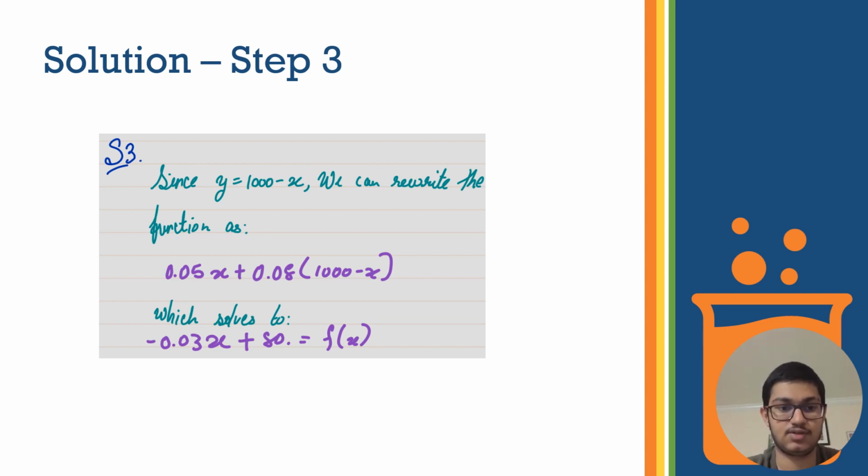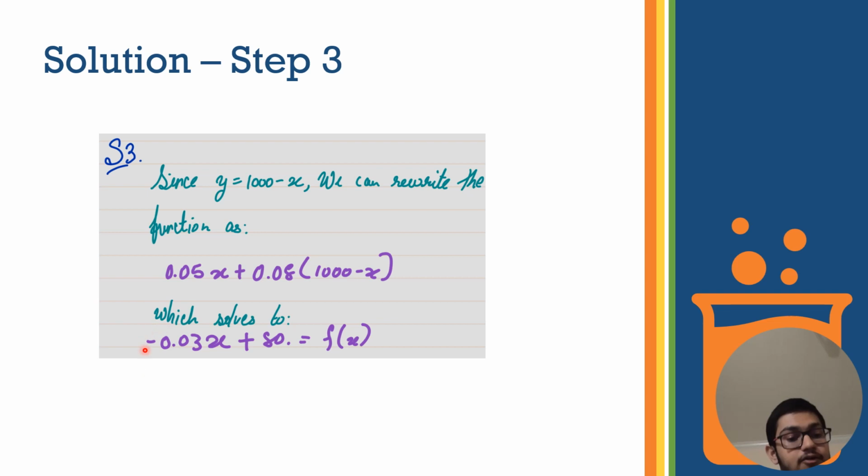So what I just did was substitute this y value into the expected return function that we had before, and that whole thing simplifies to this, which is negative 0.03x plus 80.